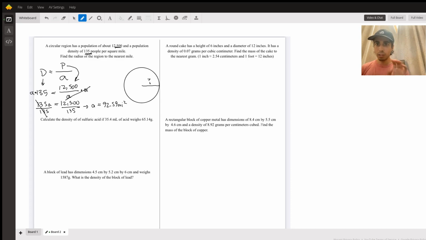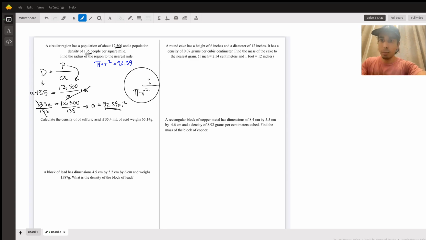It wants us to find the radius. So let's find the radius. Remember, the formula for the area of a circle is pi times the radius squared. We know this is the area, so pi times the radius squared is equal to 92.59 square miles. What we need to do is solve for that radius.